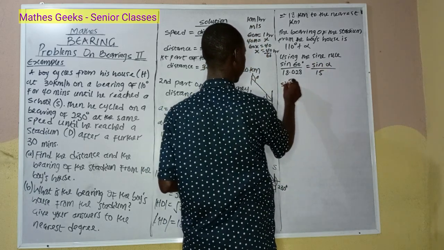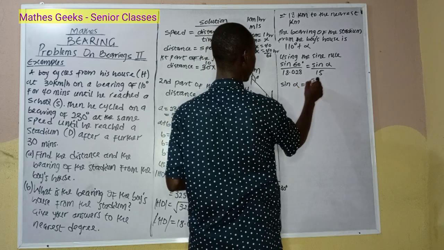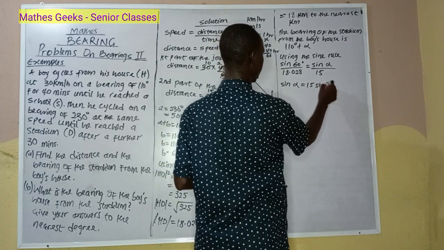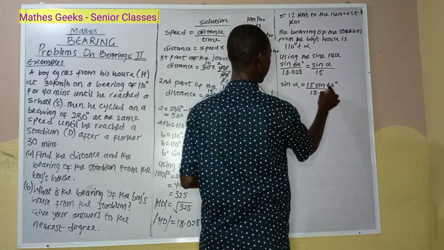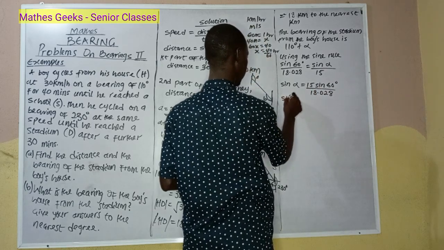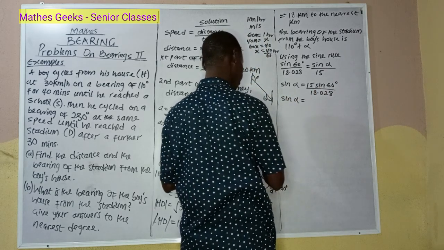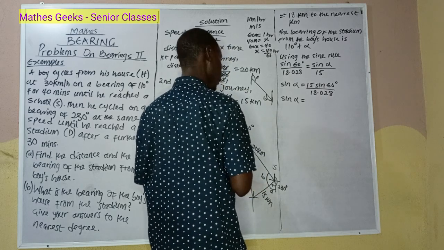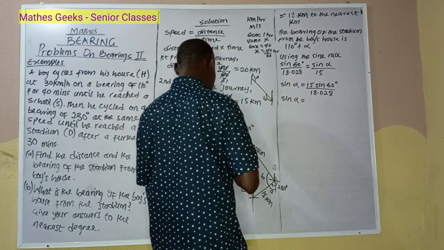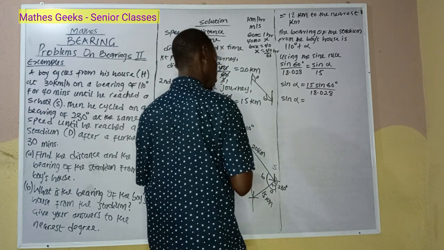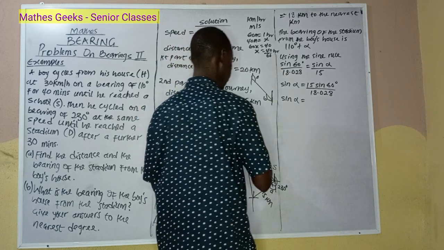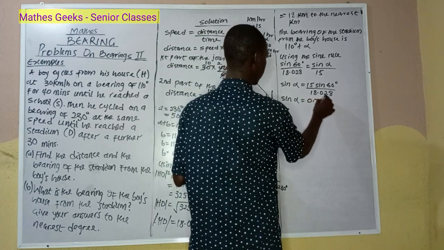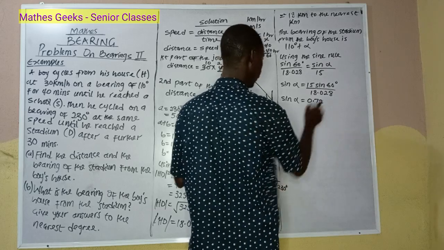So sine alpha is equal to 15 sine 60 degrees over 18.028, which is 0.7206.